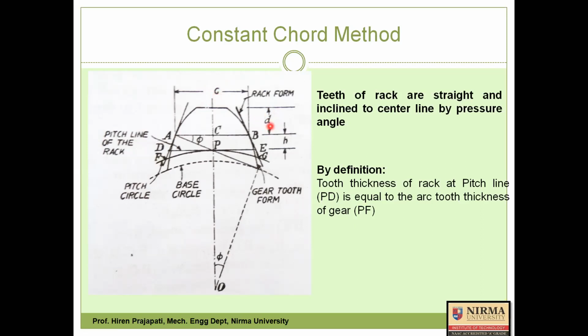That's why they were variable, because they depend on the number of teeth. But here the C and D are irrespective of the number of teeth present on the gear, for the same value of module.